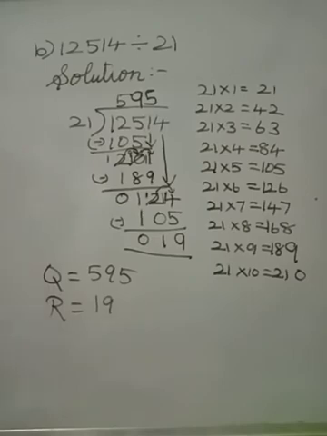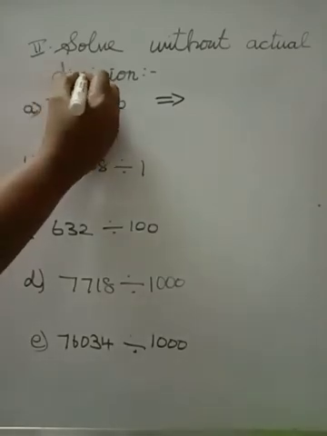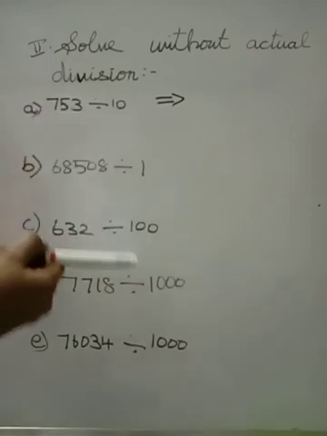See here, the next Roman number. Solve without actual division. So without using the dividing method, we have to find the answers. Already I told you. So here the numbers are very simple.